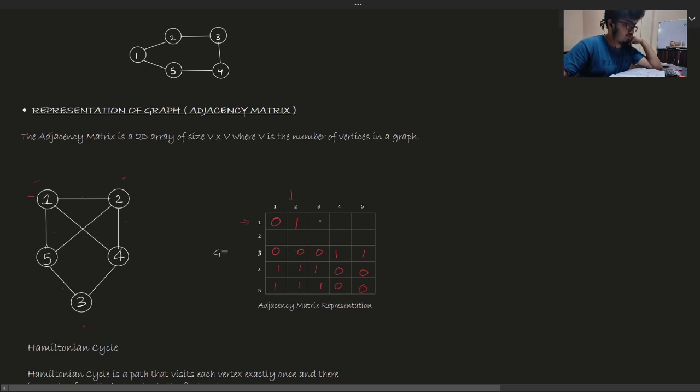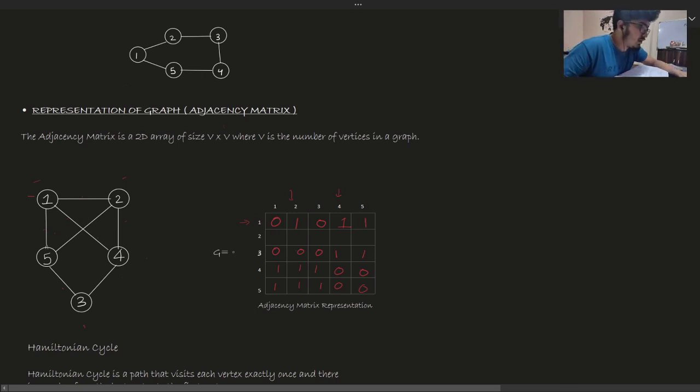No. Similarly, between 1 and 4? Yes, we have the edge, and we fill it in. Between 1 and 5? Yes, we have an edge, so we fill it in.